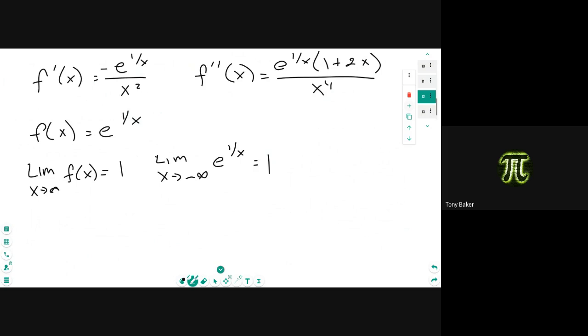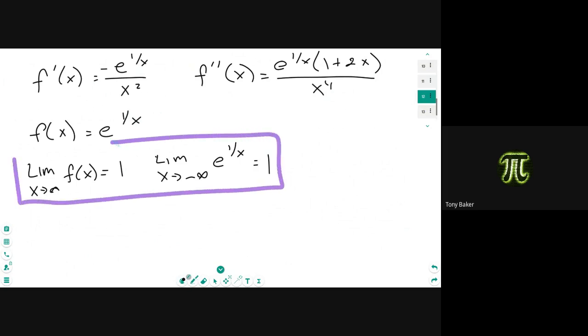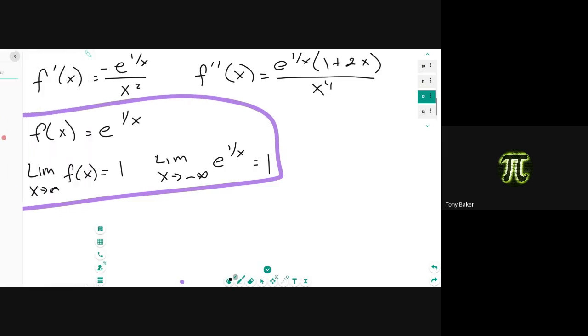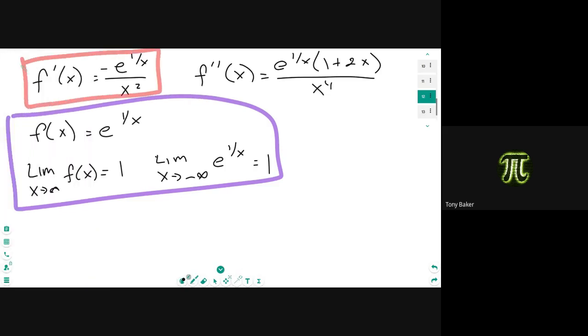So let's look at the first derivative now. What are the zeros?